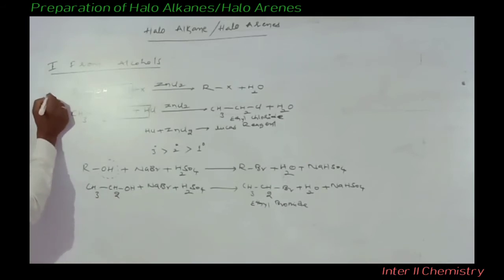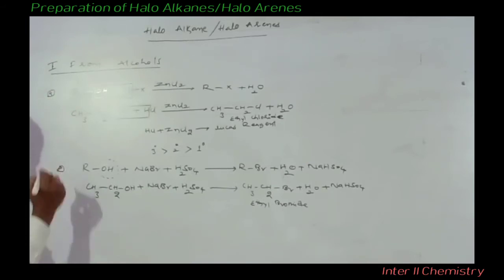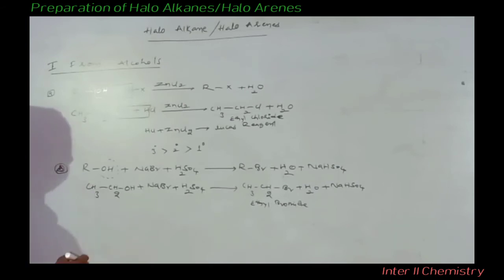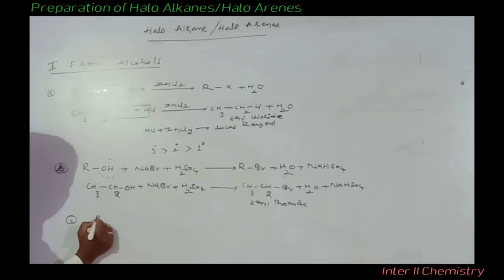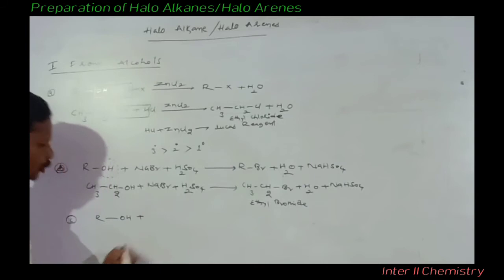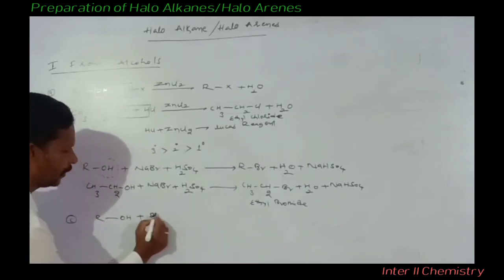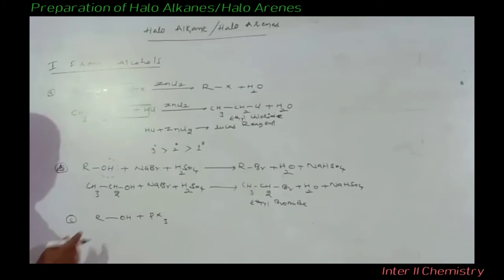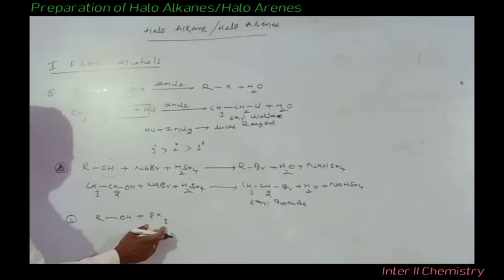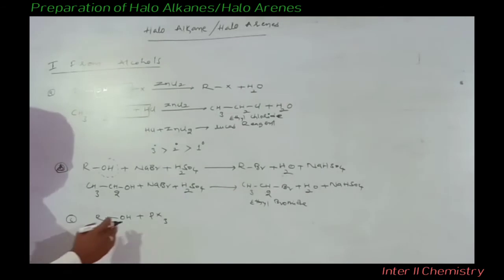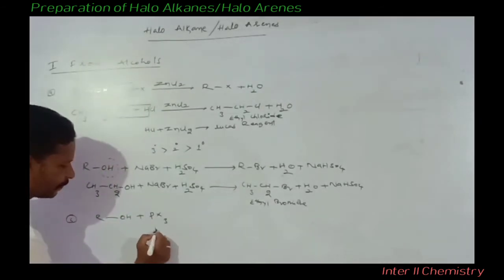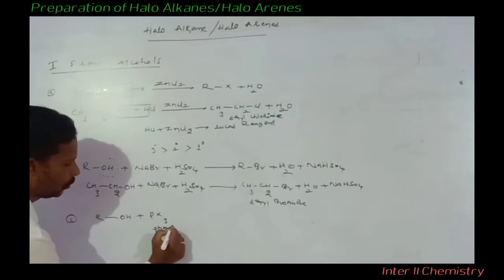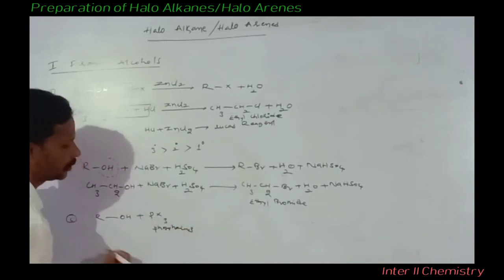Next, the reaction of alcohols, method C. Take alcohols, ROH, plus PX3, alcohols reacting with phosphorus trihalide.